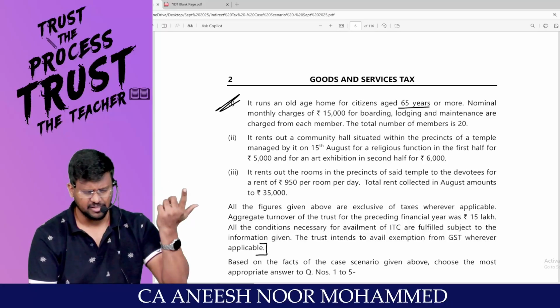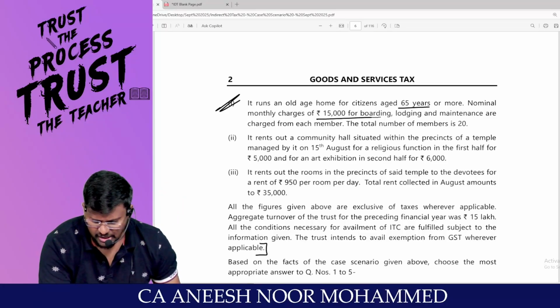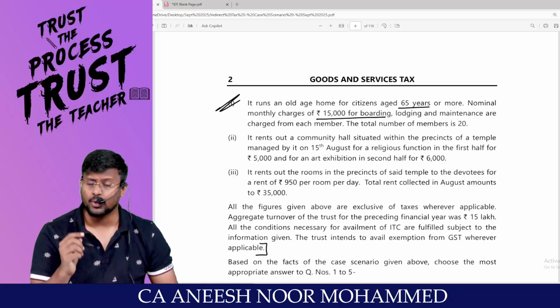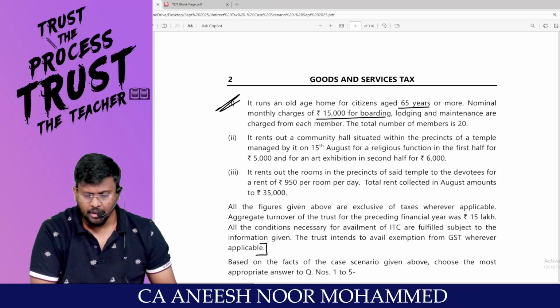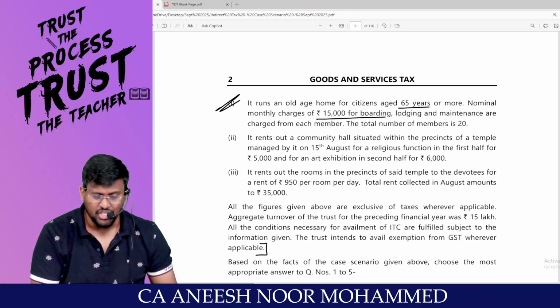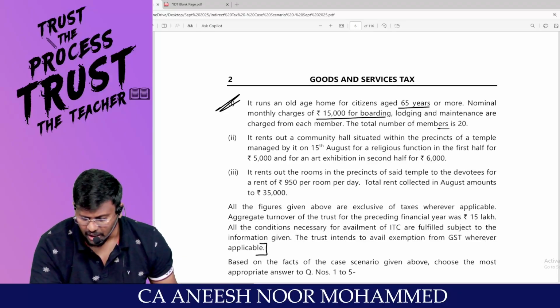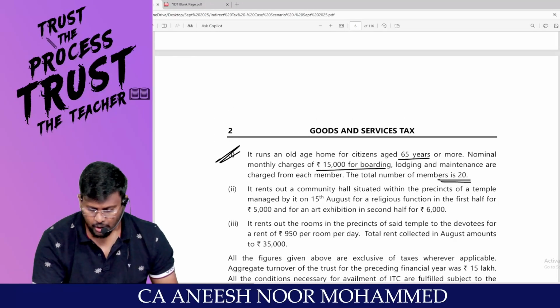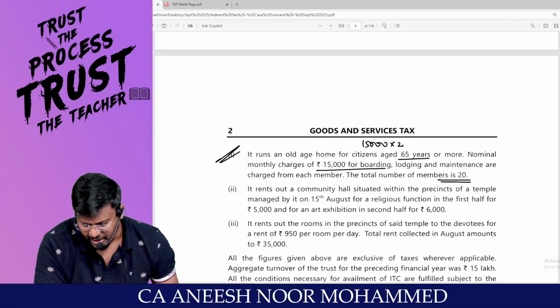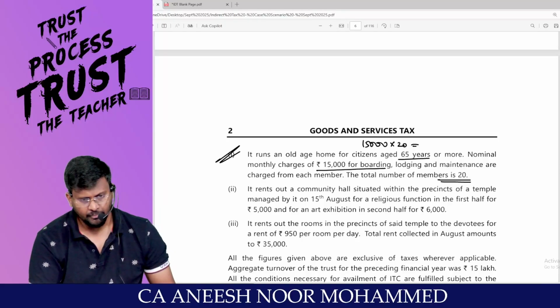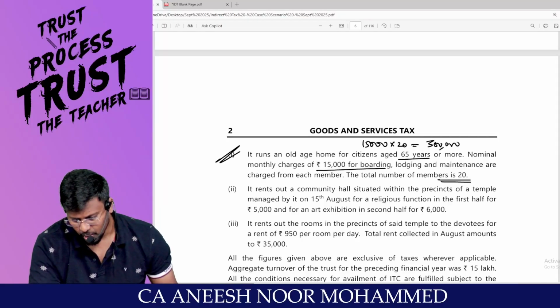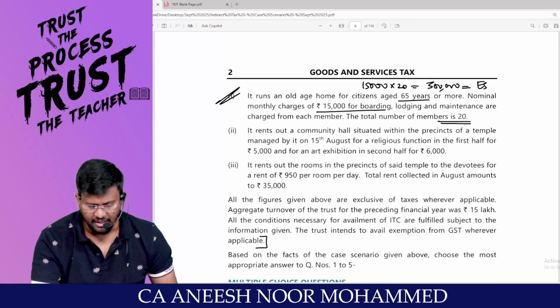More than 60 years. Nominal monthly charge is only 15,000. Up to 25,000 is exempted. For boarding, lodging and maintenance charged from each member. Total number of members is what? 20. So 15,000 into 20 comes to 3 lakh, the total exempt supply in transaction number 1.